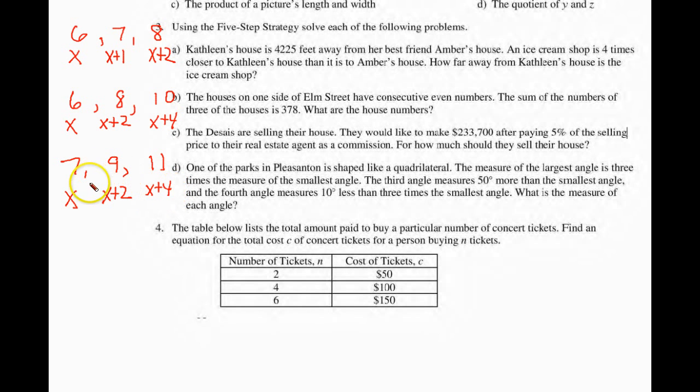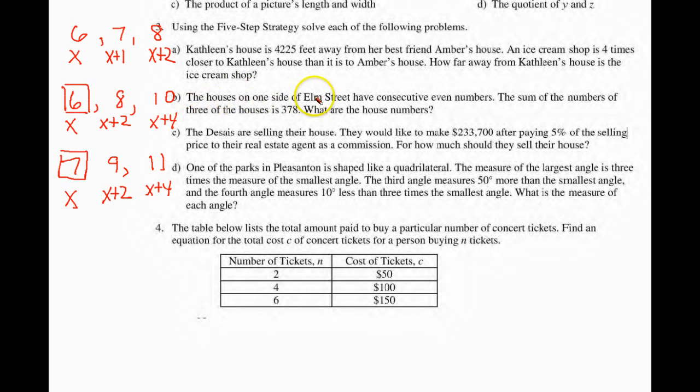Well, again, the key is what number do you start with? If you start with an even, adding 2 gives you an even. If you start with an odd, adding 2 gives you the next odd. So don't get messed up by saying, oh, this is even and these are odd. It depends on what number you start with.